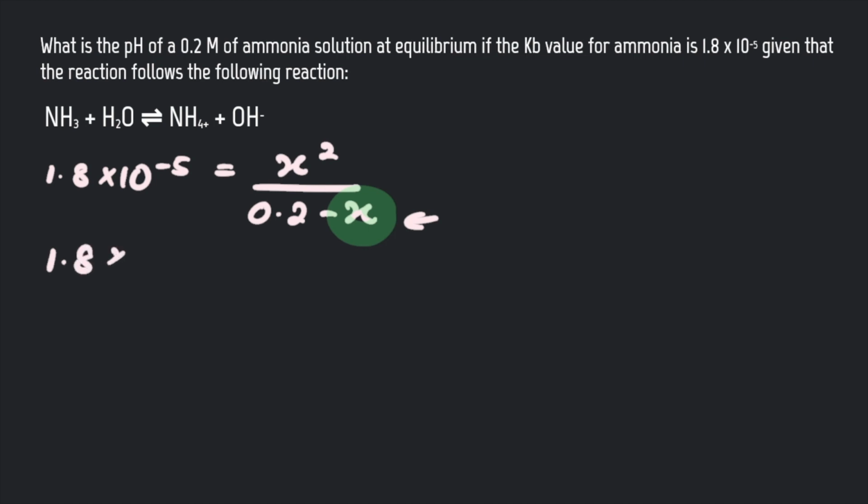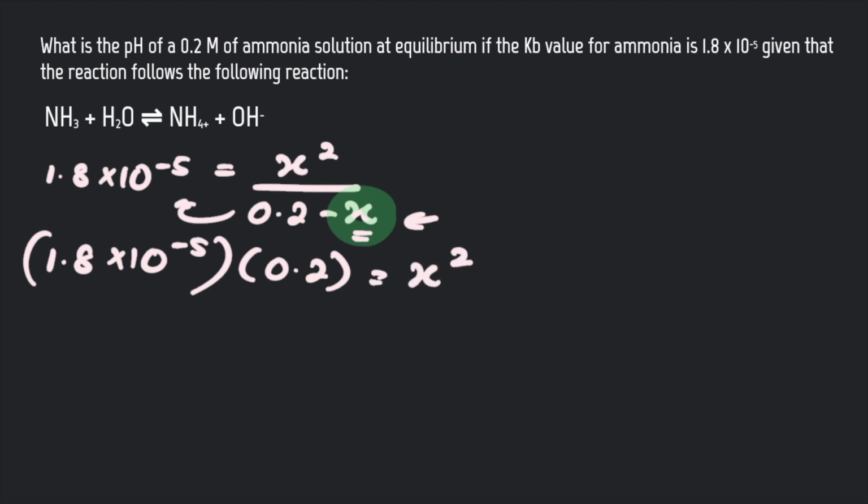So 1.8 times 10 to the power of negative 5 is equal to x squared over 0.2, since we have removed this x. You bring the 0.2 up here, so it's equivalent to x squared. So your x squared is equivalent to 3.6 times 10 to the power of negative 6.